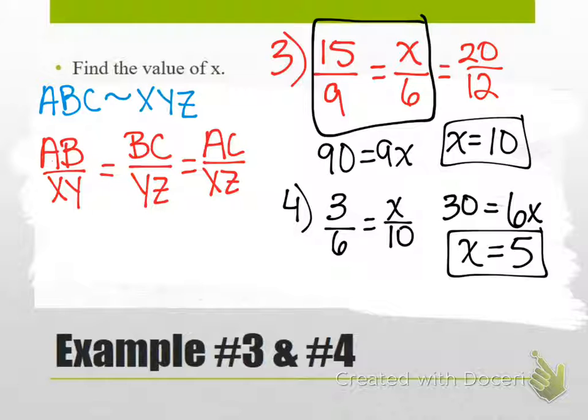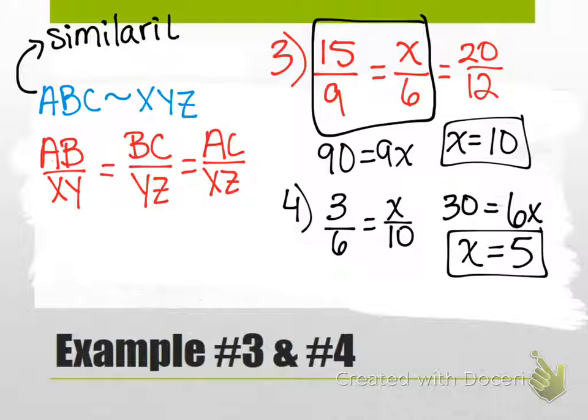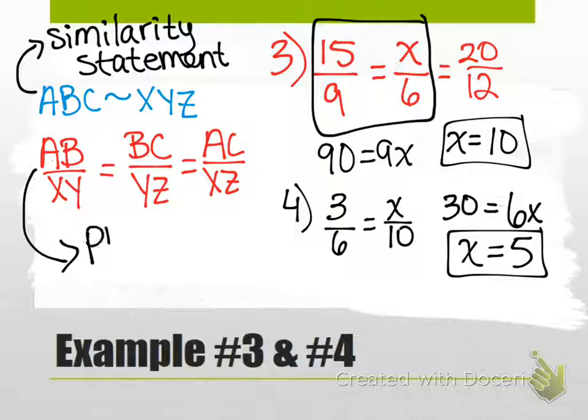Okay, one thing I want to point out real quick before we get our homework, that it's not necessarily clearly stated in the notes. This right here is called a similarity statement. So if you are asked on your homework for a similarity statement, you need to write something that looks like this, that's got the squiggly line in between it, right? This next part down here in the red is a proportionality statement.